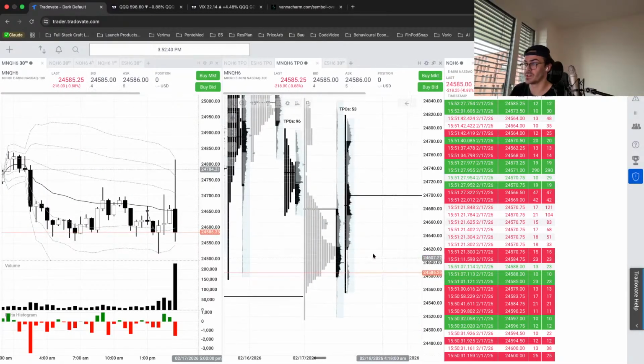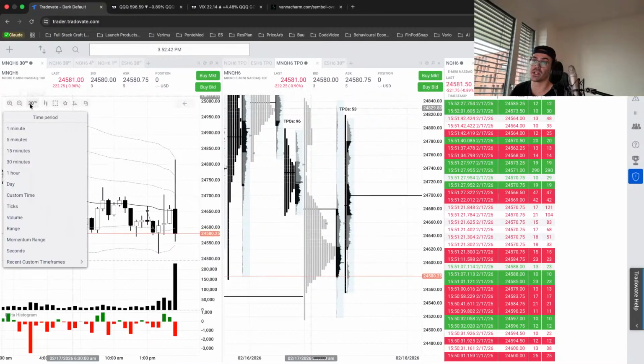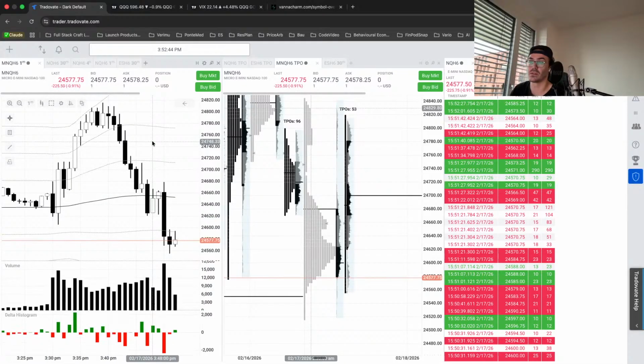Got some single prints through that push down. They may want to repair them. What is this, 620?